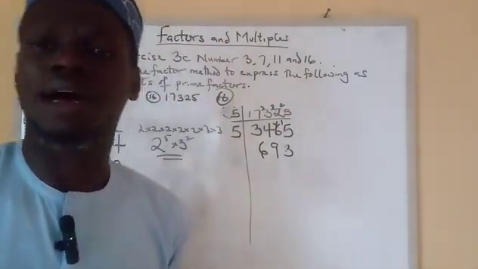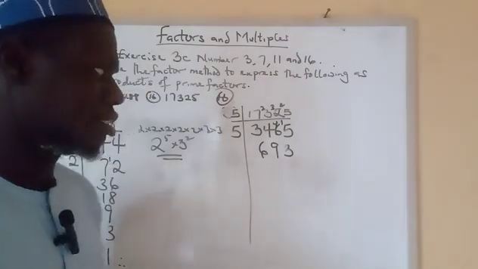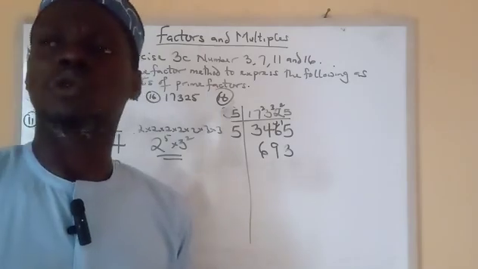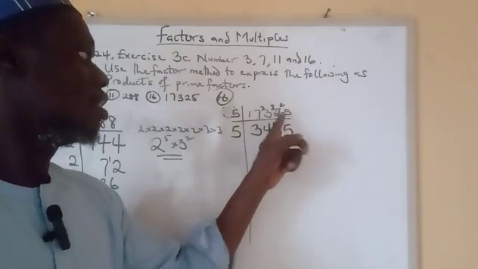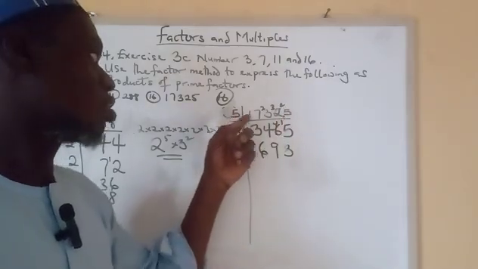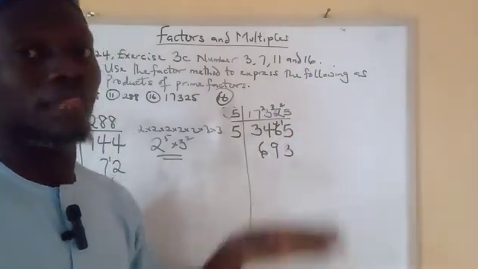So what other prime factors can we use? The reason why we say 5 is a factor of 17,325 is that the last digit of that number is 5.